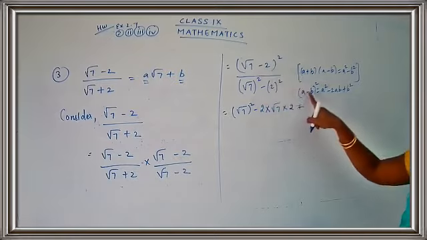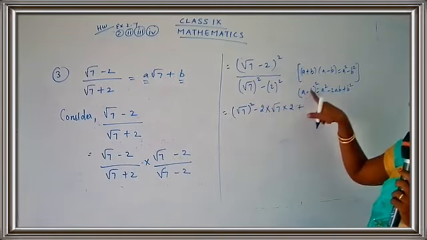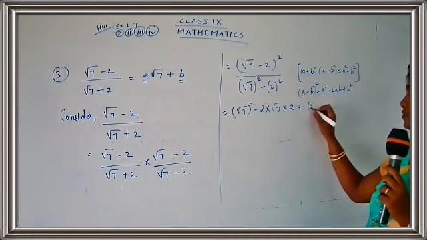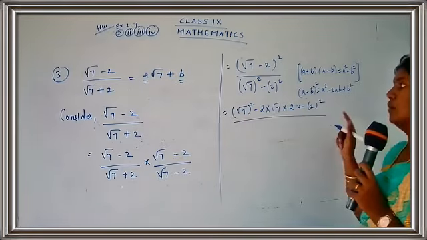Don't go for the sign, because we are already using the formula for a minus b. So I get root 7 the whole square minus 2 into root 7 into 2 plus 2 square upon root 7 square minus 2 square.